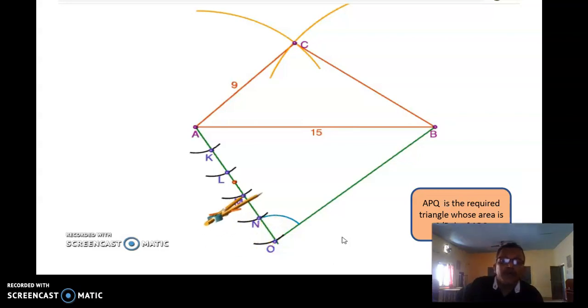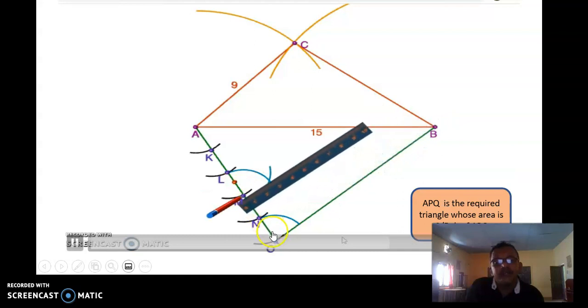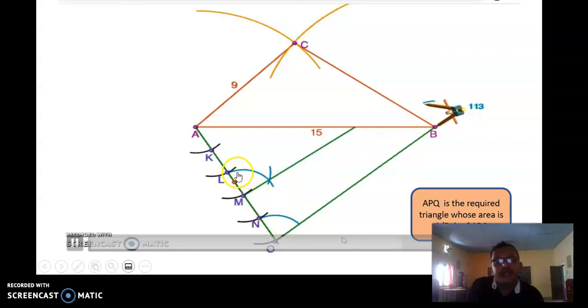So therefore from M I have to draw a parallel to OB, because here 3, here 2. So 3/5. So taking this radius and similarly the same from the arc like this, cut this arc, then join this, then you will get here.